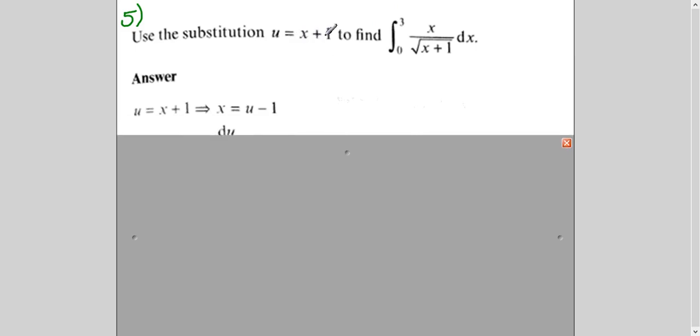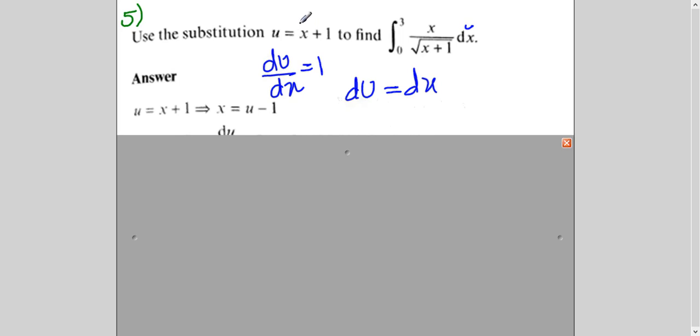u is equal to x plus 1. So if I differentiate this, du upon dx is equal to 1, right? And this is 0, I'm not writing here. So du is equal to dx. So this is replaced, and this part I will write as u. But what about this x? This x needs to be replaced as well.